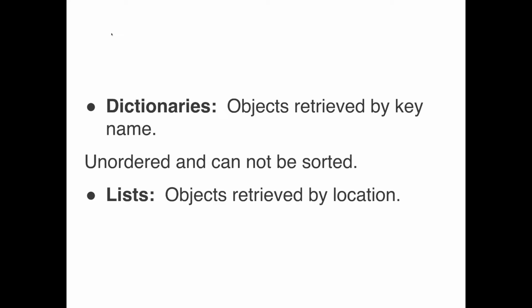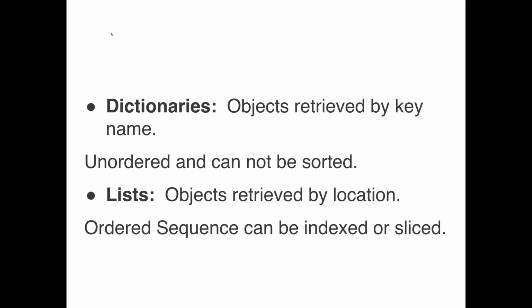But for a list, it is retrieved by location, so index position is very important. If you forgot what index position is, comment down below and we will make another video for index positions. An ordered sequence can be indexed or sliced. That is why we need to be aware of the index position of the object that we are going to get from a list.